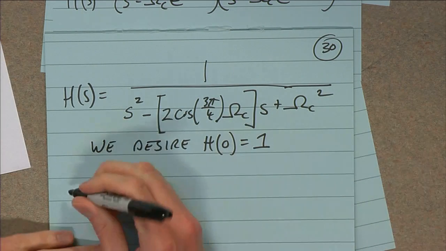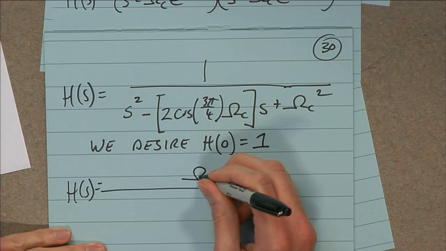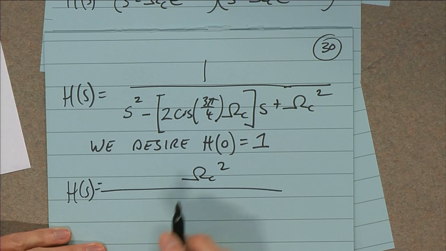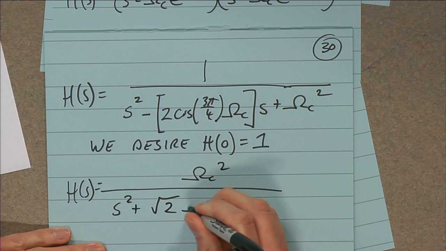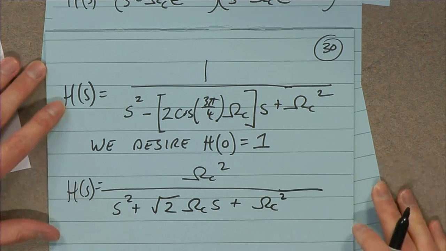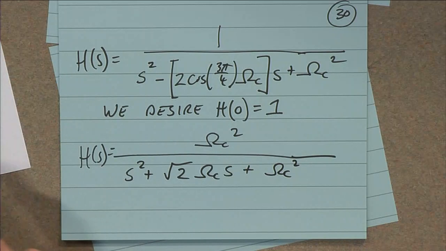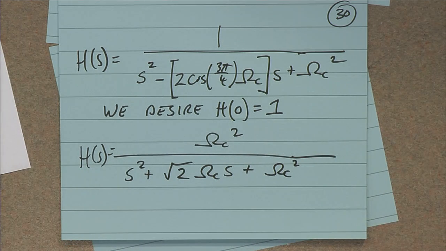So what can you do? Give it a gain of omega c squared. And if you simplify this, we end up with square root 2 omega c s plus omega c squared. And we'll stop right here because we're out of time. But now you've seen a long, gory way of getting the Butterworth filter. And next time we will convert this to H of z.